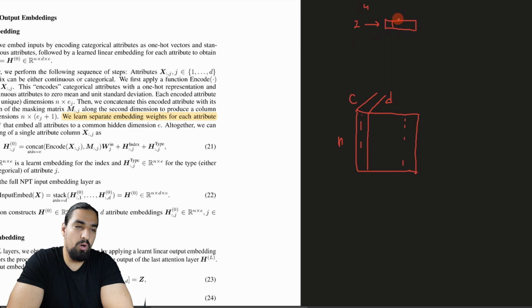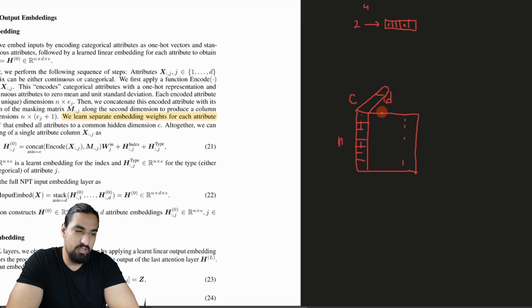We have 4 slots here, and 1 goes here, 0s elsewhere. So they're going to embed every single attribute in that column across different data points into that one-hot embedding. The next step they do is they append the mask here.